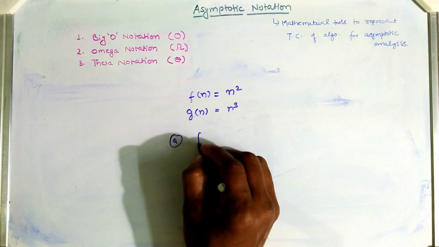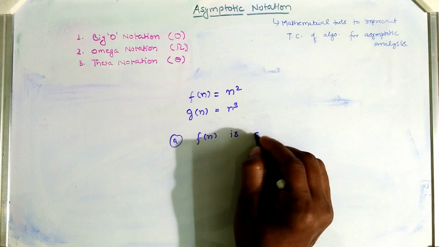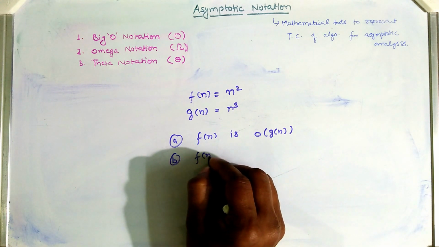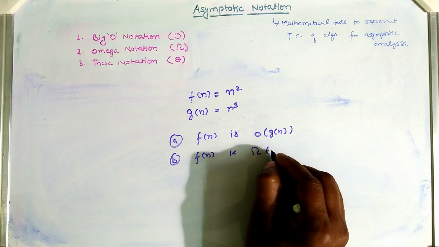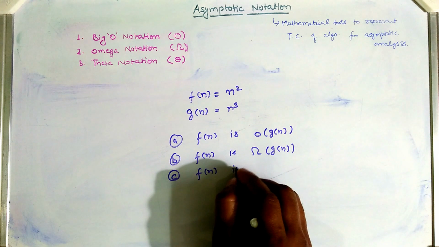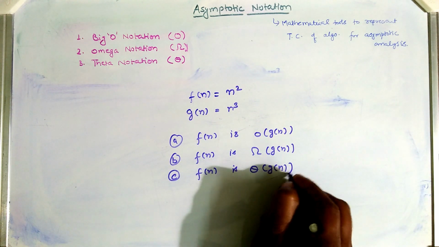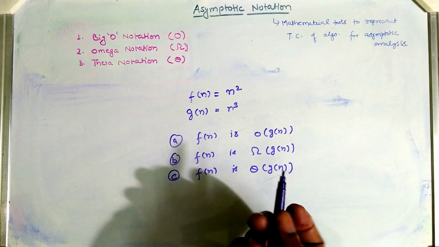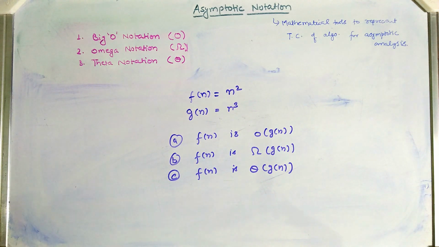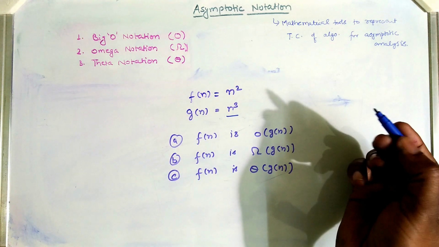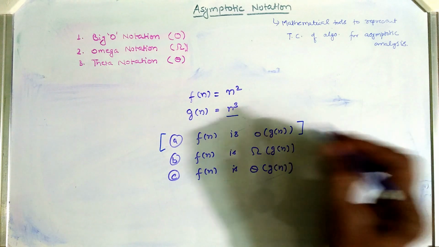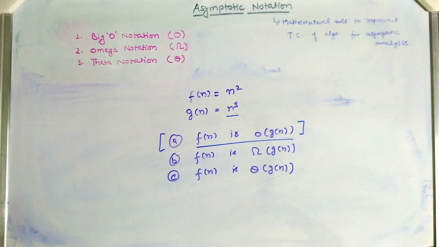Can I say that f(n) is order of g(n), or f(n) is omega of g(n), or f(n) is theta of g(n)? So f(n) is given, g(n) is given, which is true? As you can see, n cube always has an upper bound over n square. Then for the upper bound, this condition holds. So I can say that f(n) is order of g(n).